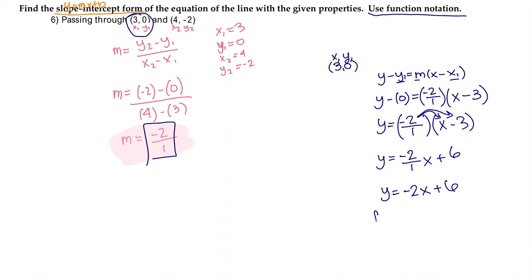So instead of writing y, I'm going to write f of x equals negative 2x plus 6. It's something really small, which is why it's very important to go back and take a second look at the question. Right, and that is our final answer.